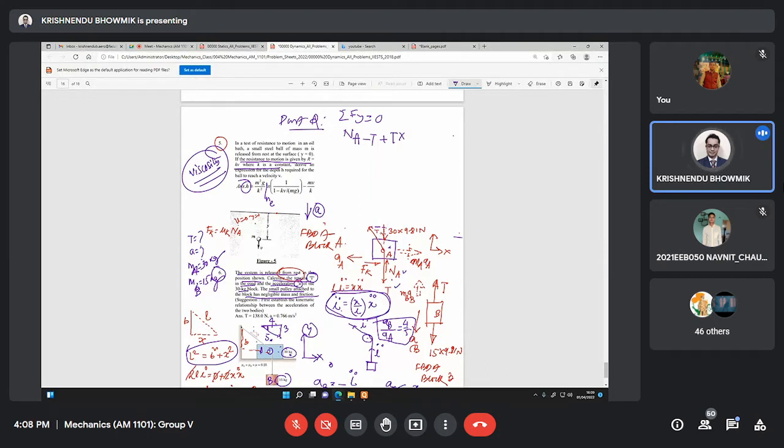If this is 3, 4, 5, then this component is 3 by 5. 3 by 5 minus 30 multiplied by 9.81.